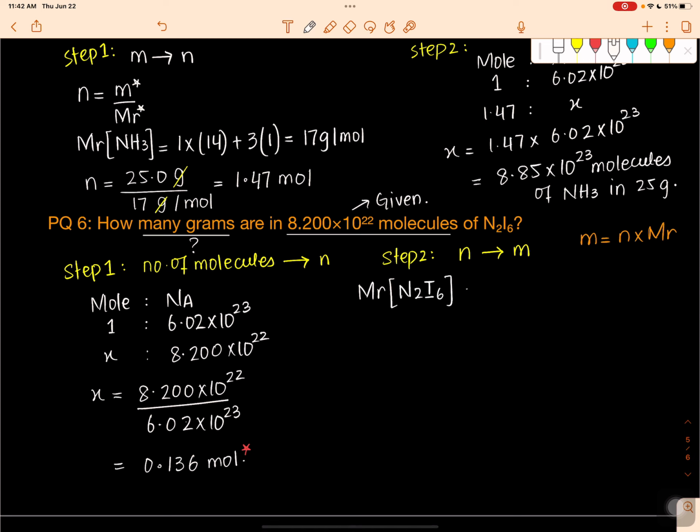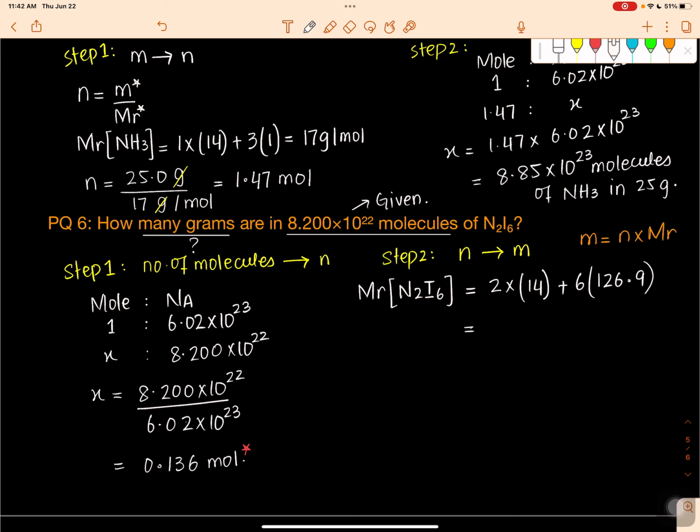N2I6 is equal to 2 cross the atomic mass of nitrogen, which is 14, plus 6 cross the atomic mass of iodine, which is 126.9.